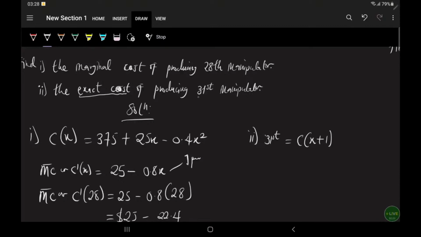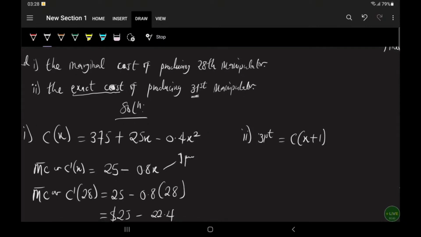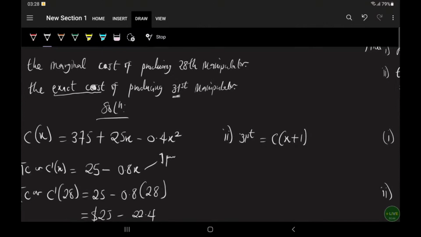Since we are asked to find the exact cost of producing the 31st manipulator, it means that our normal production for a particular period is 30. We produce 30 manipulators, and we are asked to find the cost of just producing the 31st manipulator. So it's going to be C of (x plus 1), and then compare it with the original cost of our normal output. Is that okay?